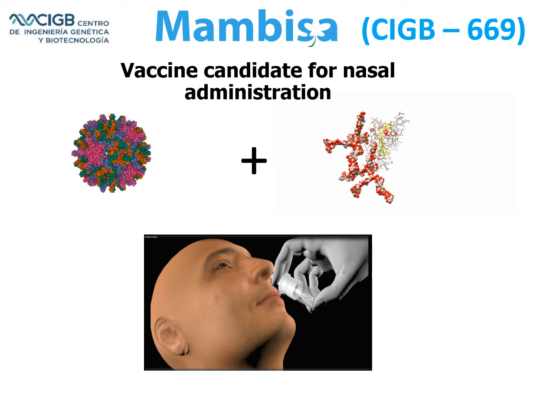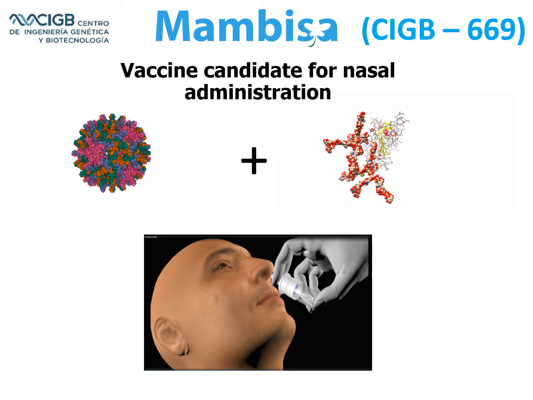And the second part of this talk is related to the vaccine candidate Mambisa, CIGB 669, that is a specific vaccine against coronavirus that is administered through the nasal route.